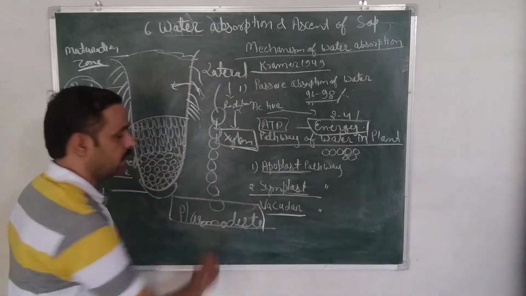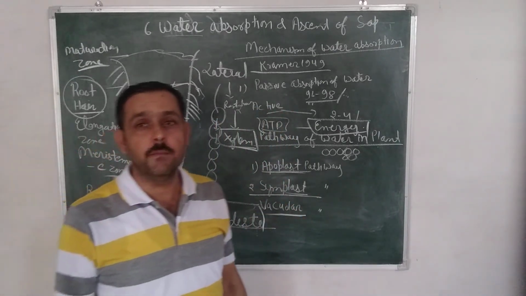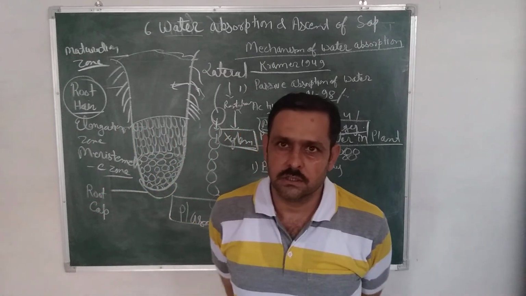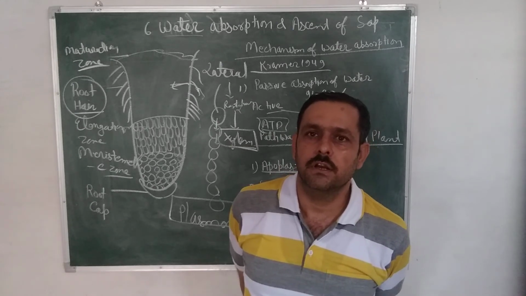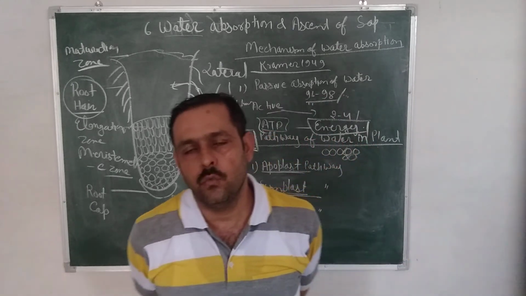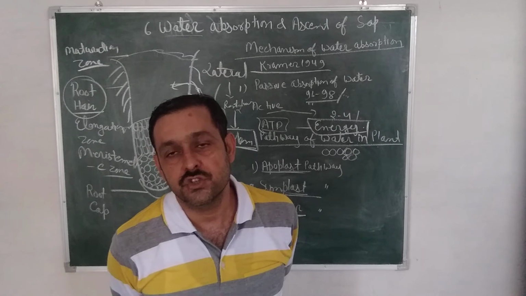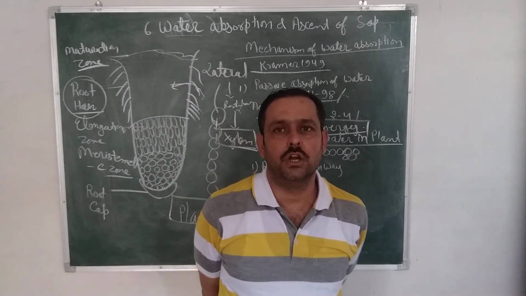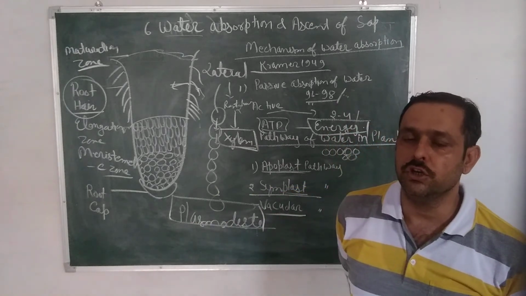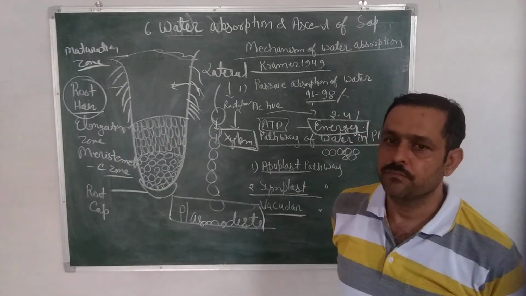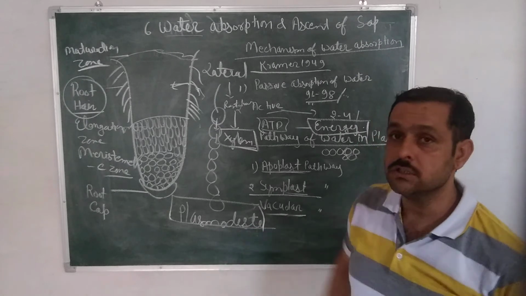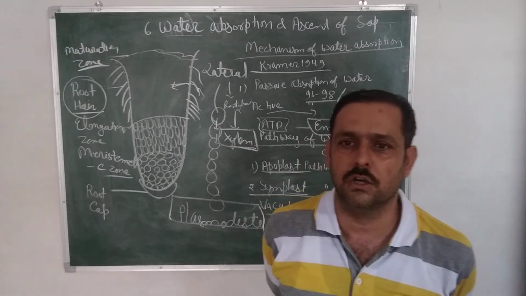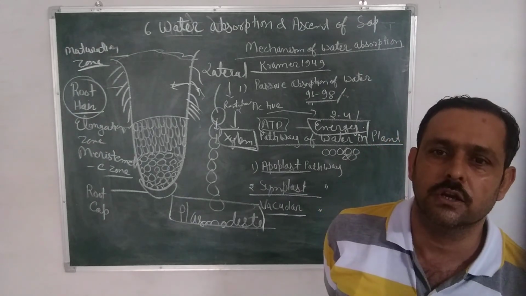Third, vacuolar. As you know, the membrane of the vacuole is called tonoplast, and the liquid filling the vacuole is called cell sap, and cell sap denotes the osmotic condition or the concentration of the cell. Whenever water is transported from vacuole to vacuole, from one cell to another cell, it is called the vacuolar pathway.